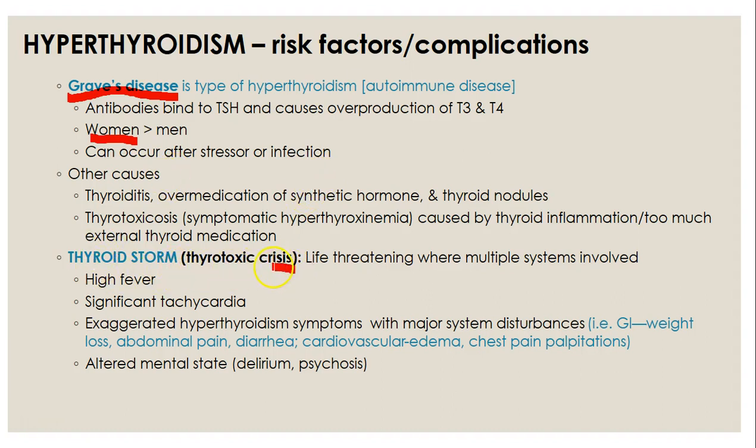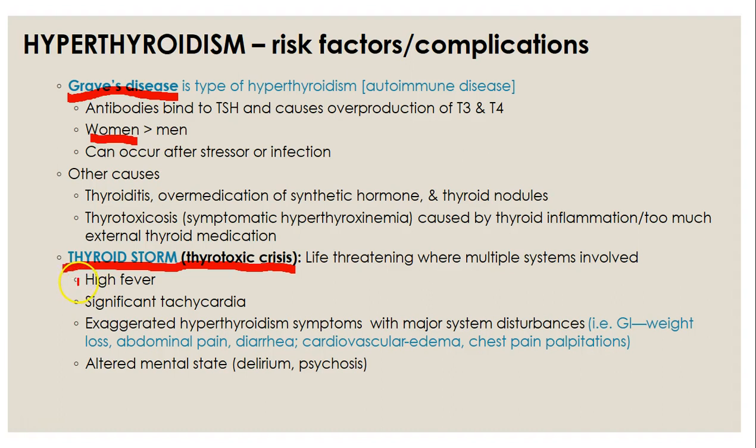The medical crisis with hyperthyroidism, where the myxedema coma was with hypothyroidism, is a thyroid storm or a thyrotoxic crisis. And this is life-threatening. Multiple symptoms are typically involved. Just think of a car that is overheating.